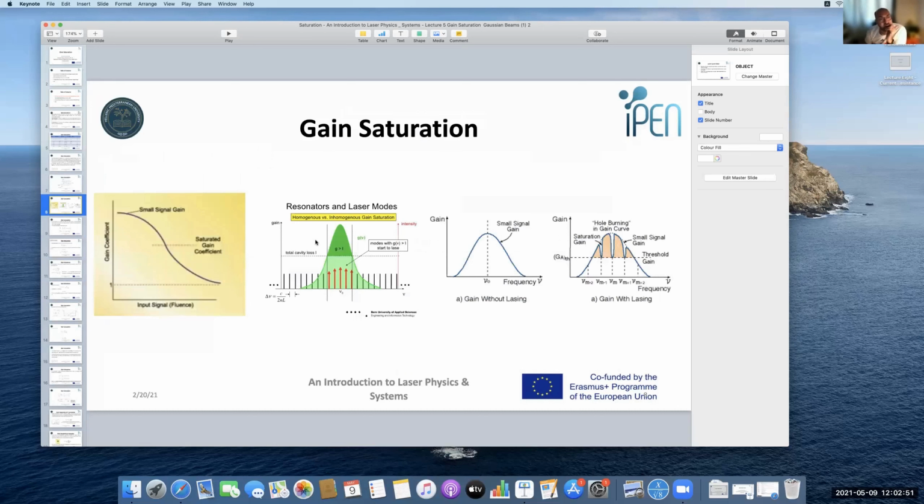Look at this curve here. This is this point. As my gain is reduced because I'm building my laser, gain, again, I repeat, is the population inversion. At the beginning, I have a very high population inversion, delta Ni. Then my laser field is built, but this comes at the expense of my population inversion. I'm reaching the point where my population inversion has dropped by 50%. At this moment, if I measure my intensity within my cavity, this intensity is the saturation intensity.